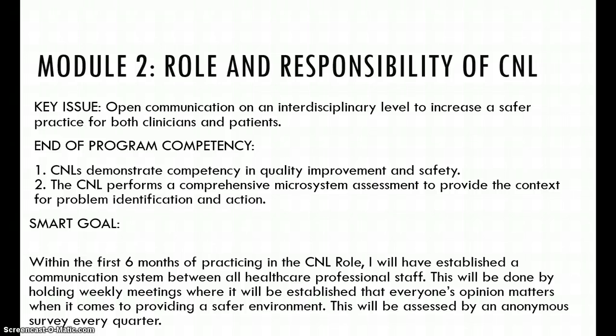And for this module, I also did a SMART goal. So I just wanted to really hone in on the communication aspect. So my SMART goal was, within the first 6 months of practicing in the CNL role, I will have established a communication system between all healthcare professional staff. And this will be done by holding weekly meetings where it will be established that everyone's opinions matter when it comes to providing a safer environment.